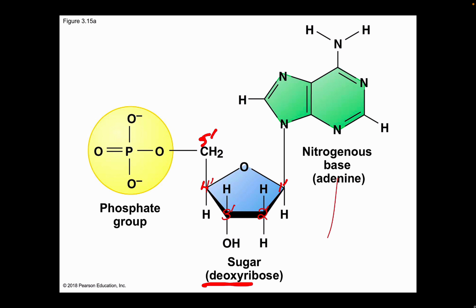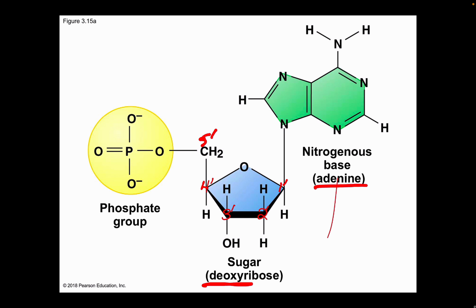Coming off of the 5' carbon, you have that phosphate group, one of whose oxygens is covalently bonded to that 5' carbon itself. And then coming off of the 1' carbon is where you have that nitrogenous base, so that 1' carbon is covalently bonded to a nitrogen in this base. And this turns out to be the nitrogenous base adenine.